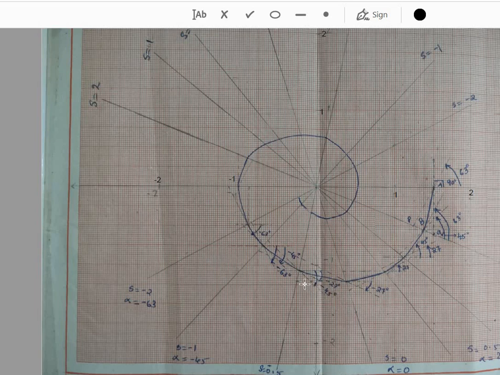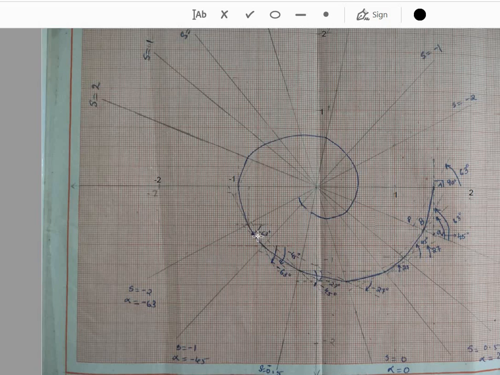Here it is 1.5. When you reach here, it drastically decreases. You can see the change. The distance from the origin actually decreases. That means this type of trajectory will be spiraling towards the origin.